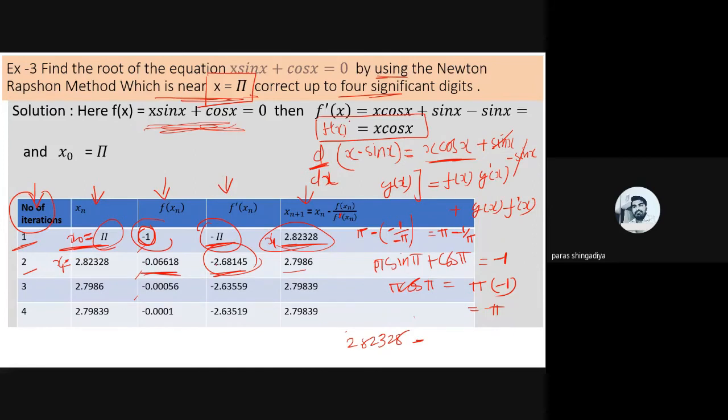Again we have two negative signs here and one negative sign for the derivative, meaning for the formula, so the remaining sign is negative. So 0.06618 divided by 2.68145. Just check this and verify your answer with that, 2.7986.